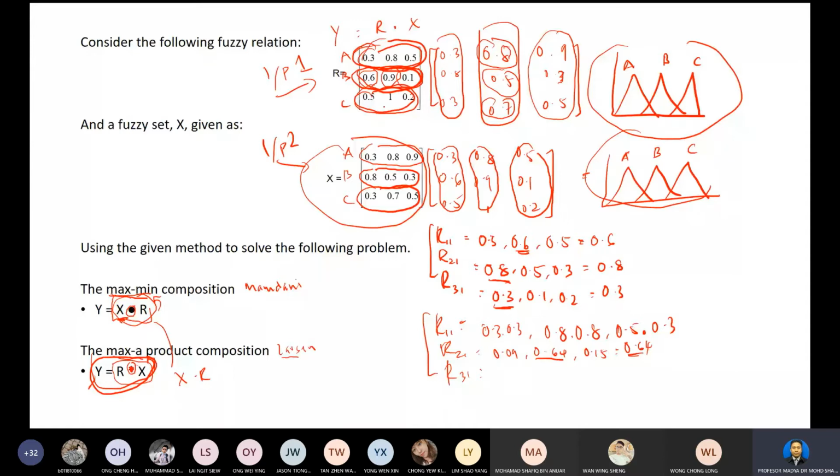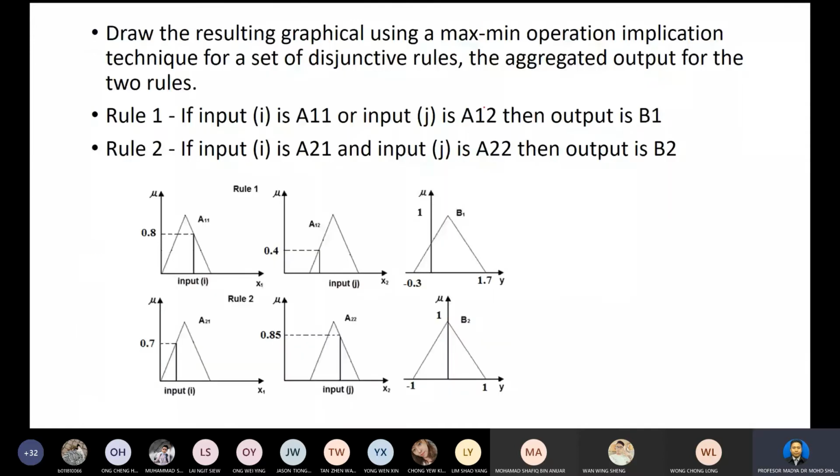Next, on the inference, first make sure of the operation. For example, we use max-min, which means we use Mamdani for the graphical method. You have to check rule number 1. For example, A11 is 0.8 and the other is 0.4.